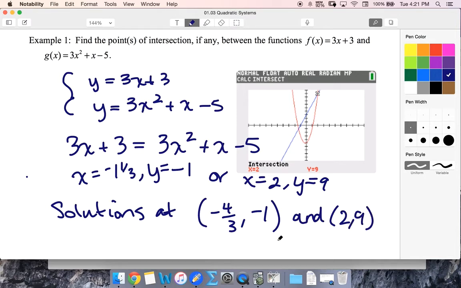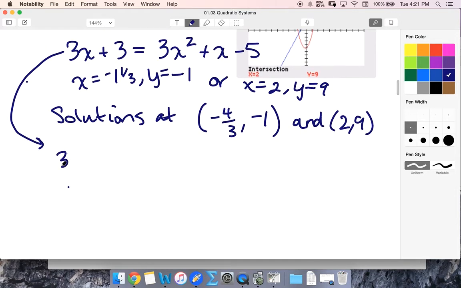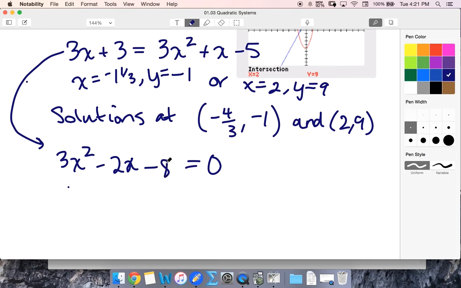Also, what I see with my calculator is because these numbers came out so nicely, that means I would have been easily able to solve this algebraically with factoring. So if I simplify things, I'll have 3x squared minus 2x minus 8 equals 0. Sorry, I have to move that 3 over as well. And then this will factor. I already know it factors.